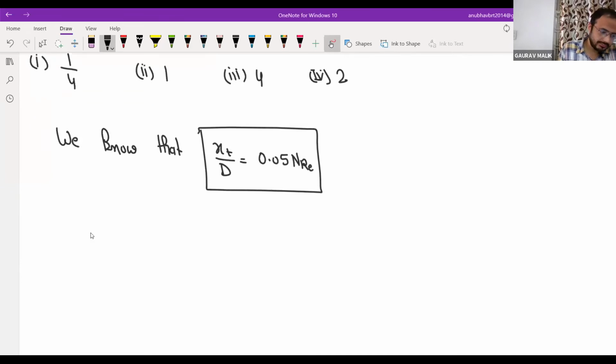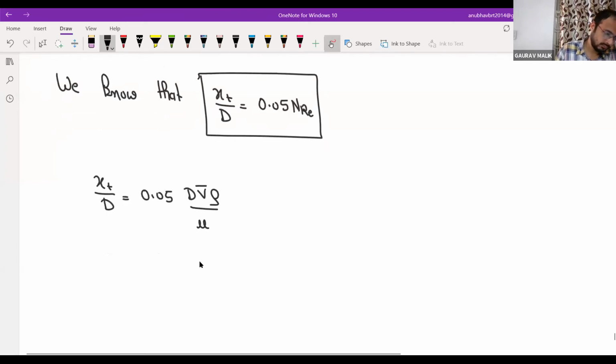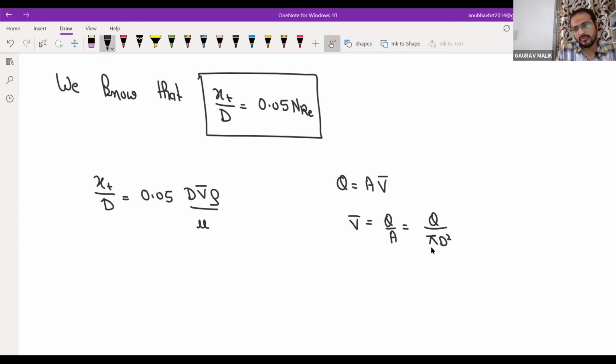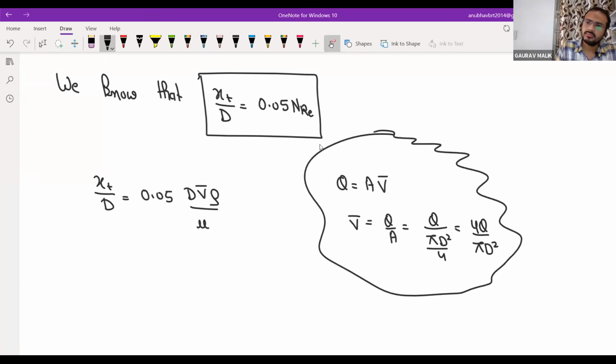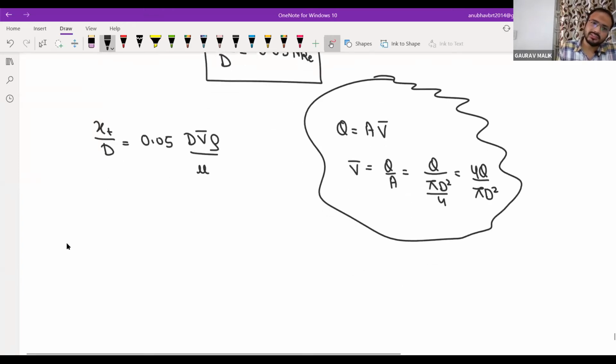Or we can write xt by d is equal to 0.05 into d v bar rho by mu. Q is equal to A into V bar, so V bar is equal to Q by pi D square by 4, or 4Q by pi D square. This is the chemistry of this question.